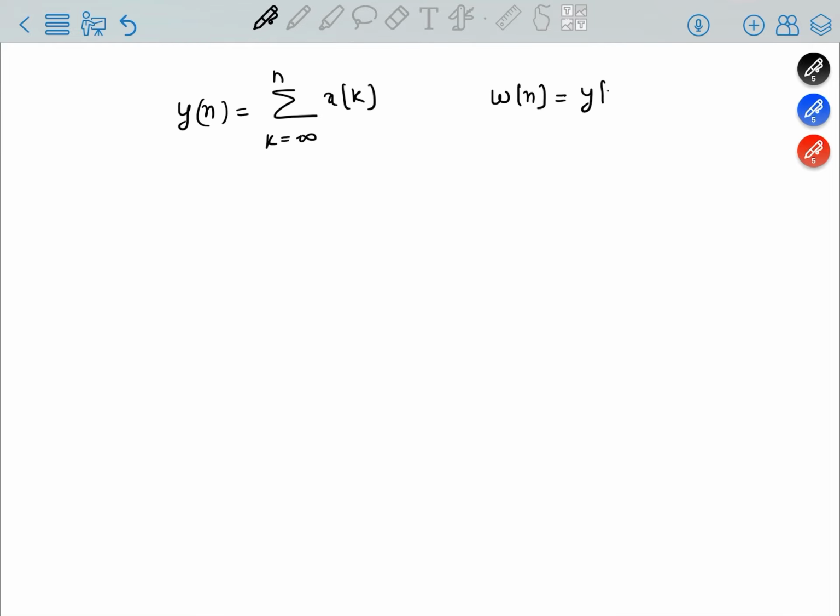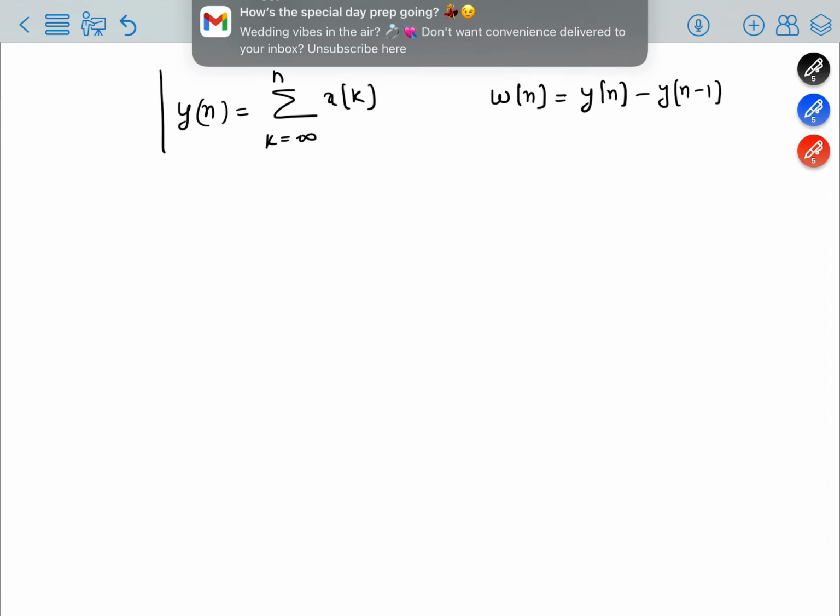A similar example of an invertible system is the accumulator. Suppose we have a system of accumulator y[n] equals summation k equals minus infinity to n of x[k]. The inverse system of this system is represented by w[n], which equals y[n] minus y[n minus 1].